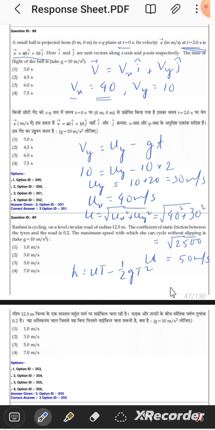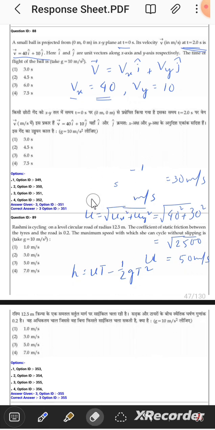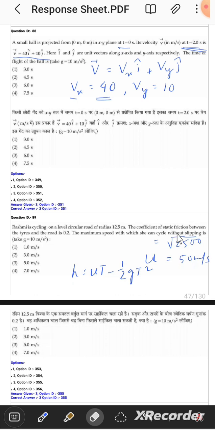For the time of flight, as the particle has gone from this point and come along the same path to the ground, the displacement will become 0, equals uy into t minus half gt square.